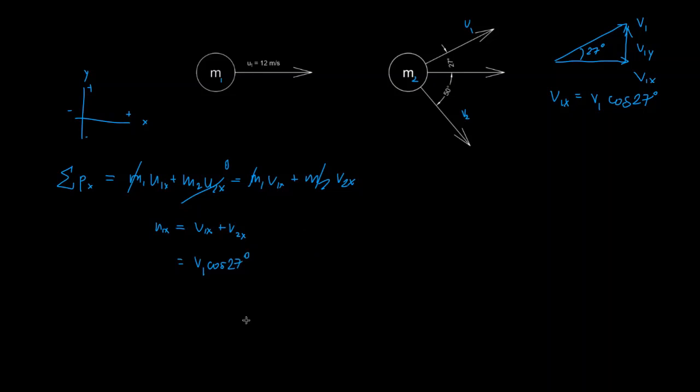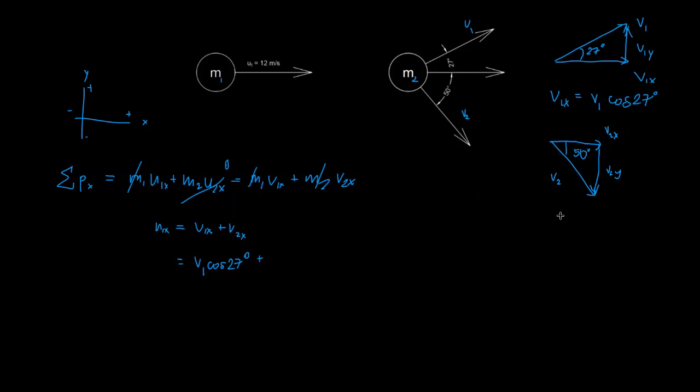Ngayon naman, meron tayong V sub 2. So this is V sub 2. And meron rin siyang components, V sub 2 sub X and V sub 2 sub Y. Angle niya is 50 degrees.